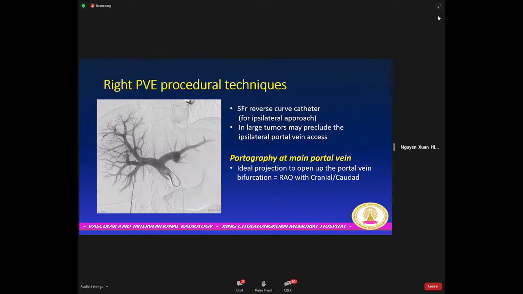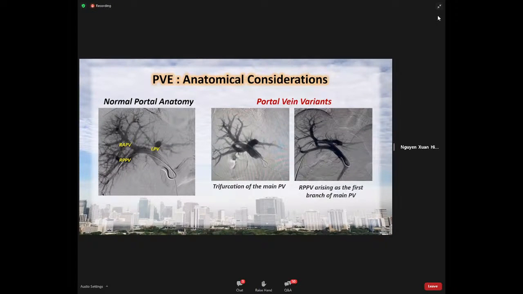When portography at main portal vein is done for vascular mapping, the ideal projection to open up the bifurcation is right anterior oblique. Cranial or caudal oblique can be used to visualize the bifurcation between right anterior and right posterior portal vein. The portal vein anatomy has to be considered for embolization planning.